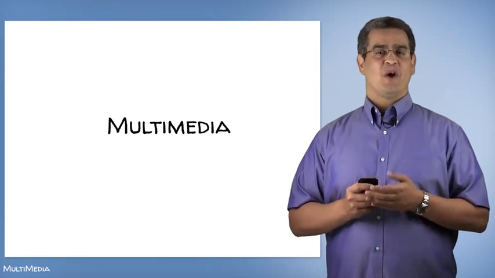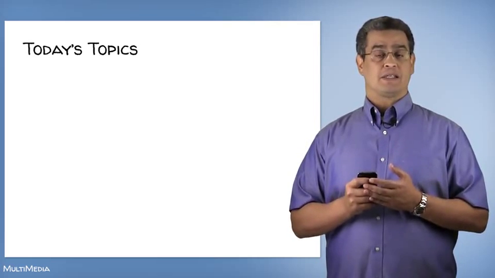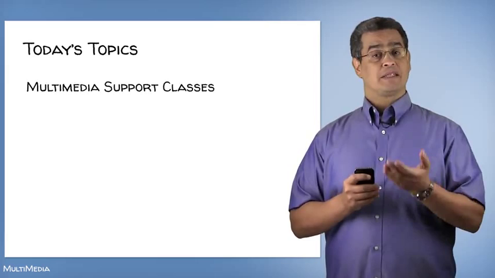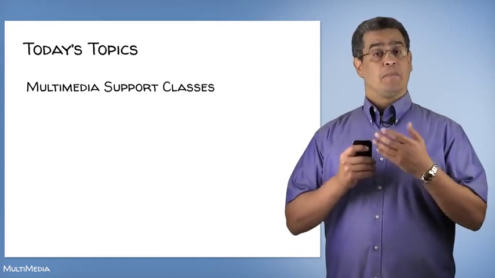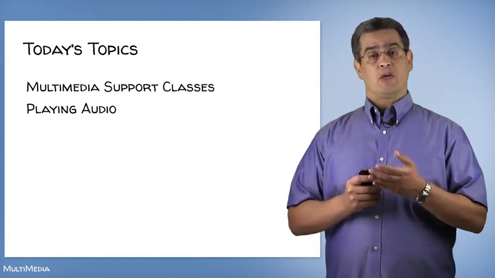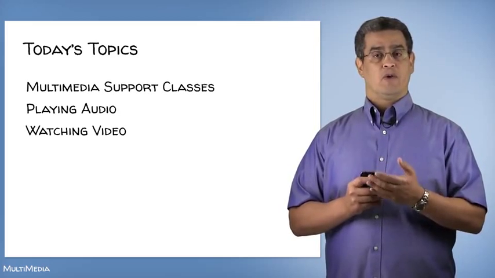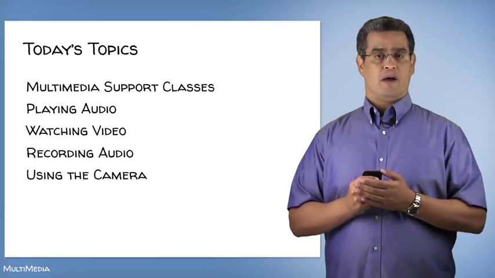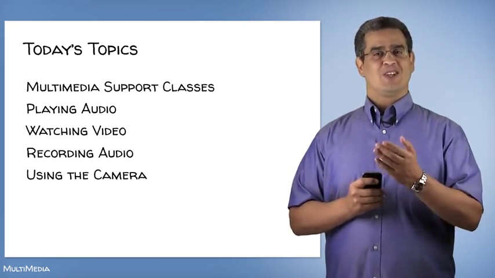In this lesson, we'll talk about the multimedia classes that Android provides, and we'll walk through the APIs and example applications that play audio, let you watch video, let you record audio, and finally, let you use the camera to capture images. So let's get started.